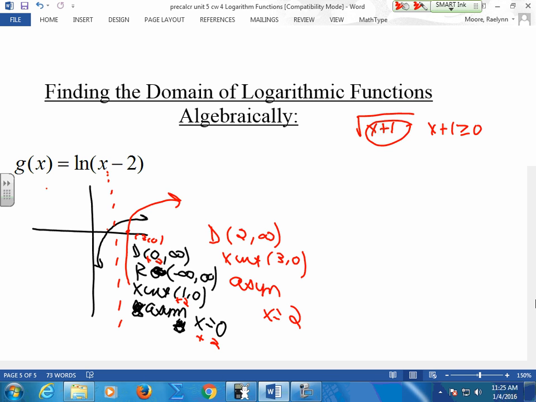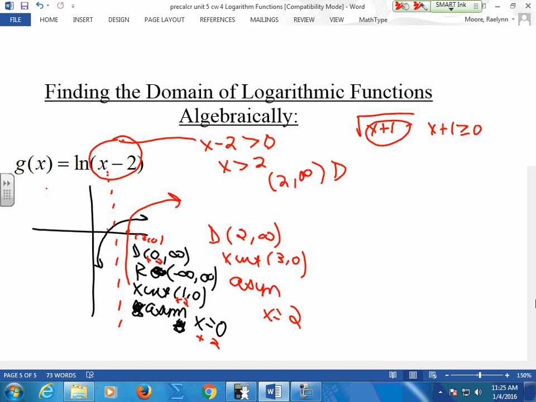Because we couldn't have a negative under our radical. Well, we can take this argument and set this greater than 0. Your domain has to be greater than 0. It cannot be 0 or negative. So now if I add 2, oh, look at that. Here's my domain, 2 to infinity.